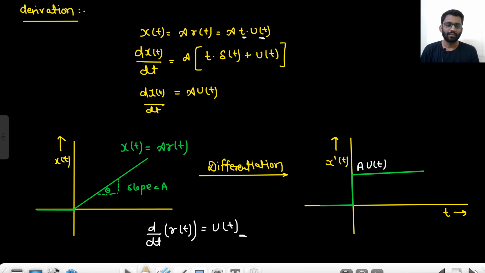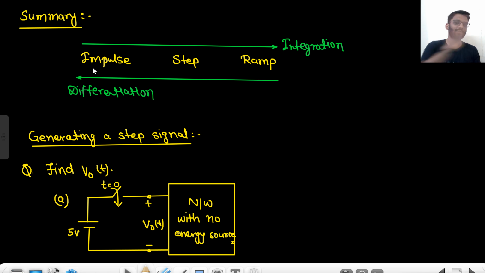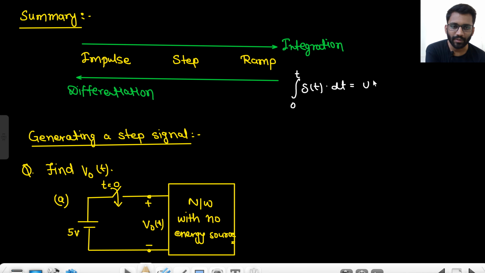Okay, so now basically if you go from impulse to ramp, if you integrate them, like ramp, differentiation of ramp is step, differentiation of step is impulse. So if you integrate impulse, you will get step. If you integrate step, you will get ramp. Are you getting this point? Integration from 0 to t of delta(t) dt will give me u(t).